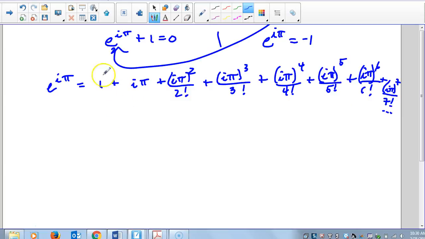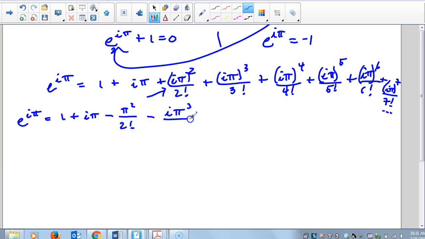Okay, so if I simplify that, e to the i pi equals 1 plus i pi. Now remember, when I square i, I get -1, right? So I'm going to have negative pi squared over 2 factorial. Another minus i pi to the 3rd over 3 factorial, remembering that i cubed is -i.